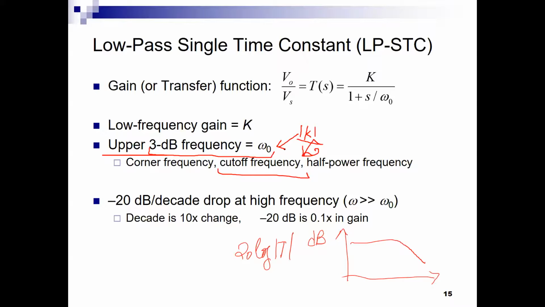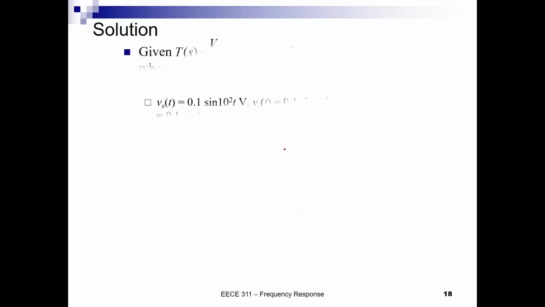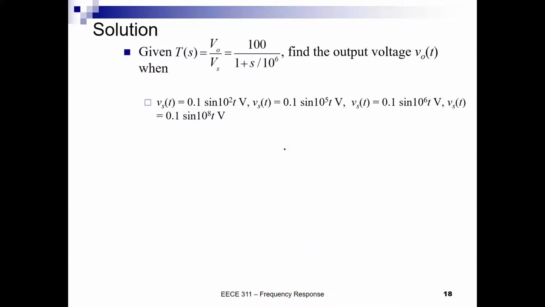But first, I'm going to skip these and go over what we have explained in class, which is the solution. Given a transfer function T of s with this format, knowing that Vs can take different forms and may operate at different frequencies, what is the magnitude of the output signal VO of t?